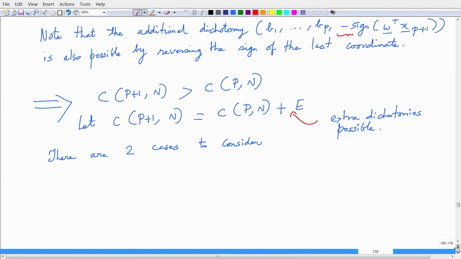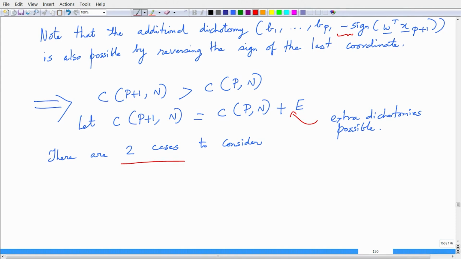With this we can infer that C(p+1, n) is greater than C(p, n), right, because we can have additional dichotomies with p plus 1 points. Let E be this extra term that satisfies C(p+1, n) equal to C(p, n) plus E. There are two cases to consider here.